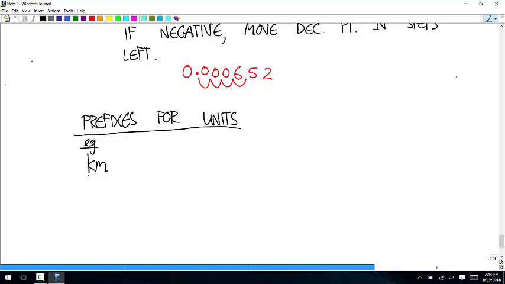A kilometer is the prefix kilo attached to the unit meters. What are some other ones? Microns, that looks like micrometers. Think of it as micrometers, but people say microns. Centimeters, that kind of thing. All these things are prefixes that have a meaning when you associate them with units.